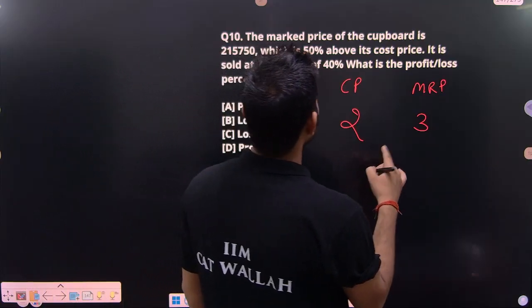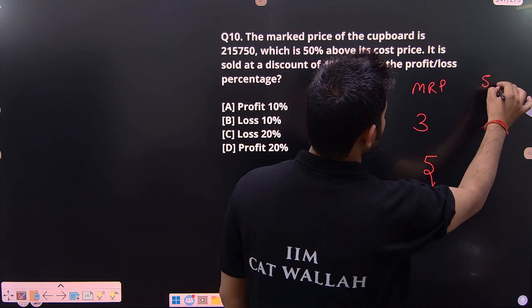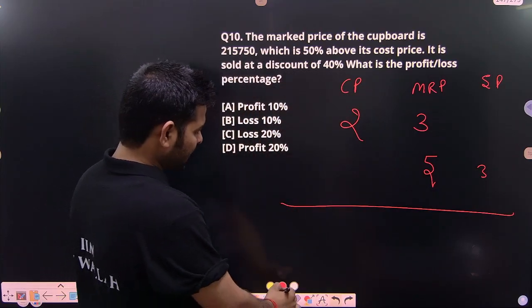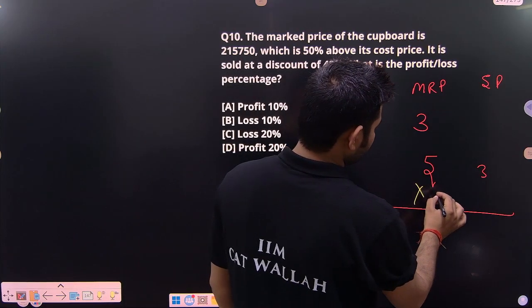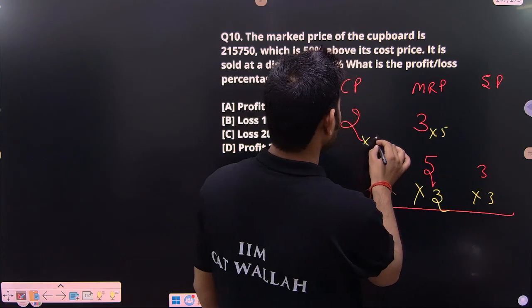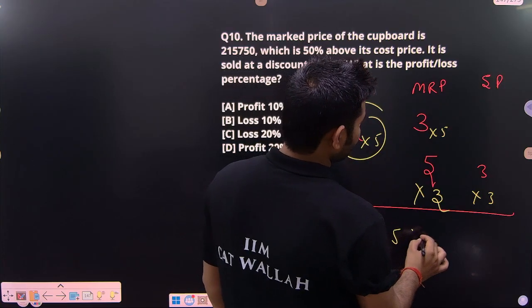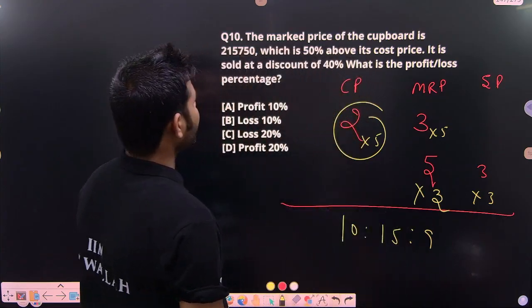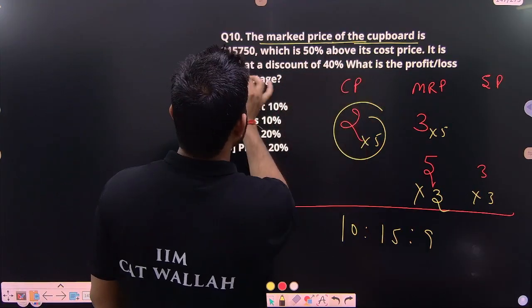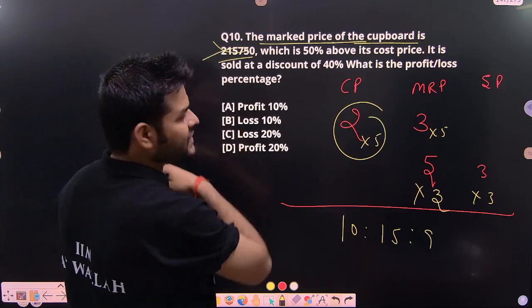So discount is always given on MRP. MRP is 5, so SP is 3 after giving 2 discount. You need to multiply by 3 here and 5 here to make it equal. You will get 10 as CP, 15 as MRP, 9 as SP.